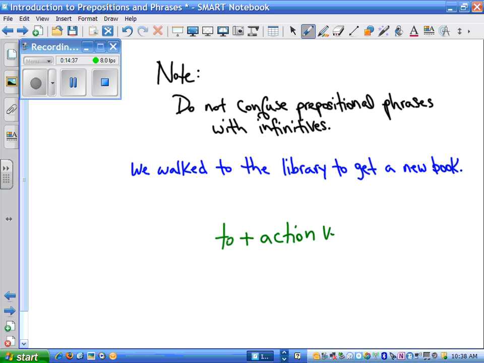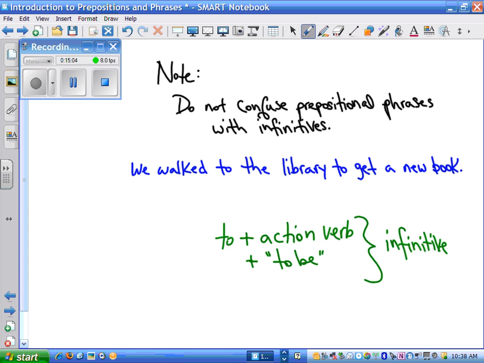To plus an action verb, or to plus a form of to be, equals an infinitive. Okay?